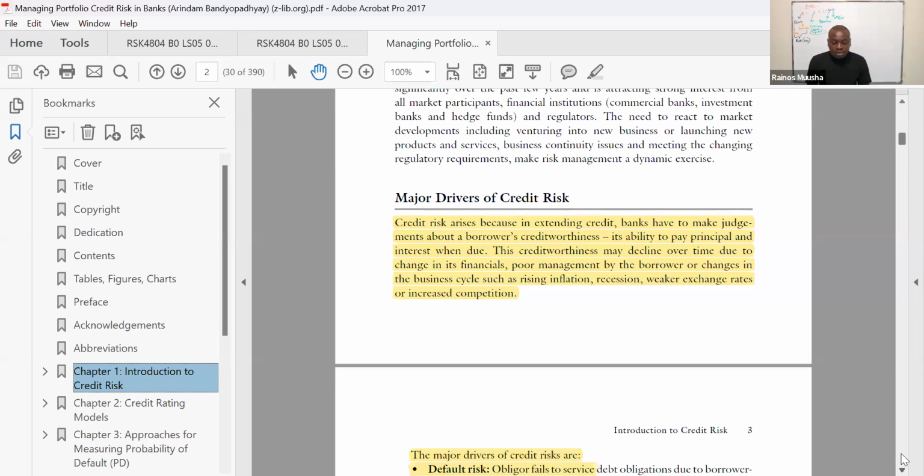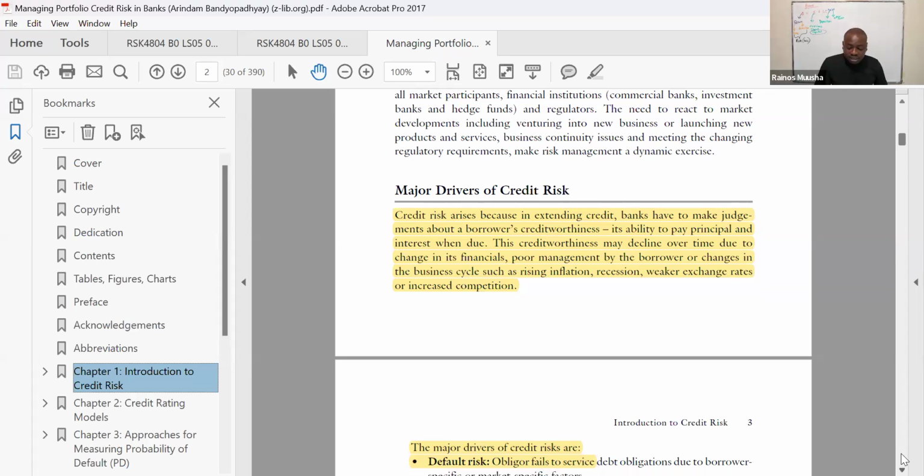Then they also look at major drivers of credit risk. And I remember the lecturer asking questions to do with major drivers of credit risk. If it wasn't the Jan-Feb 2026 paper, it was one of the 2025 papers. I remember there was a question to do with the drivers of credit risk. So here they say, credit risk arises because in extending credit, banks have to make judgments about a borrower's creditworthiness, its ability to pay principal and interest when due.